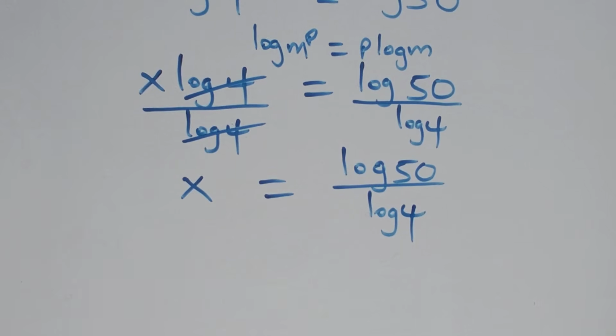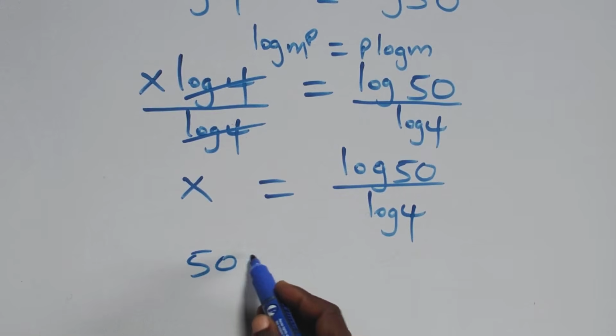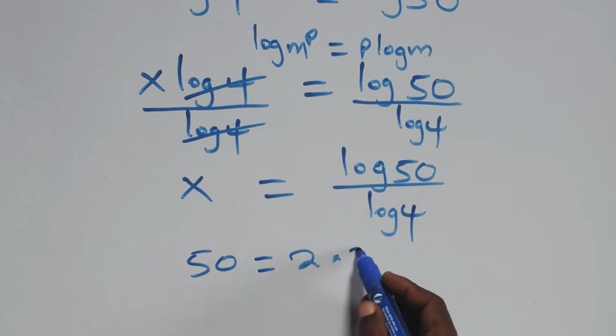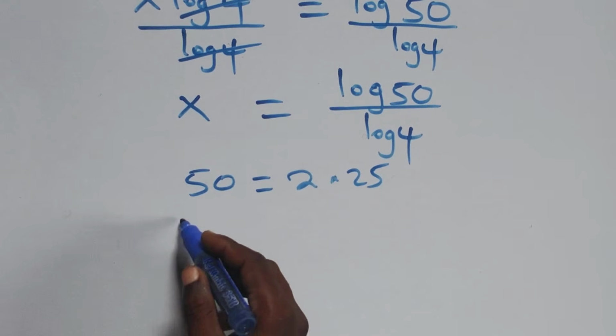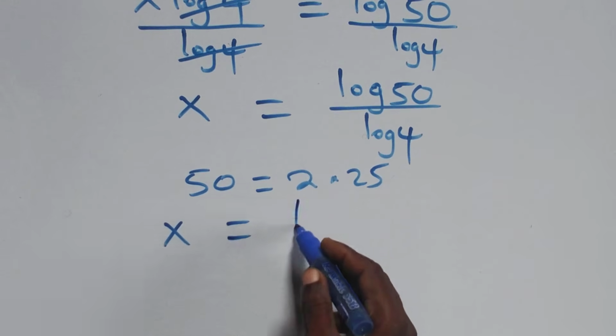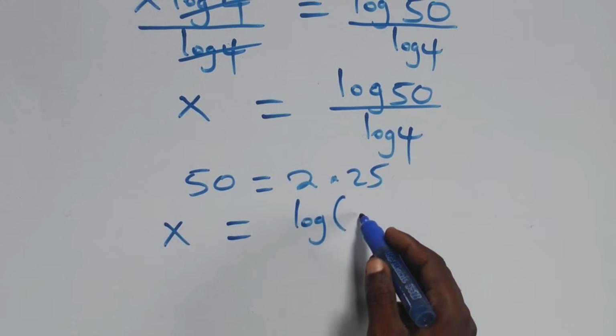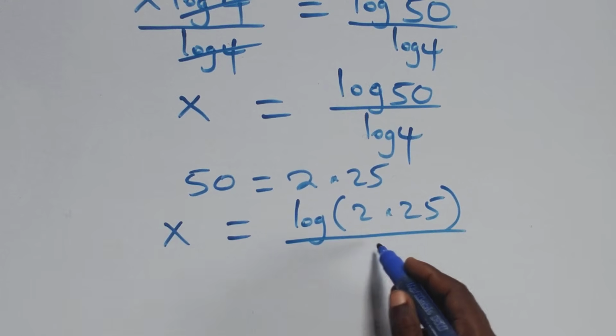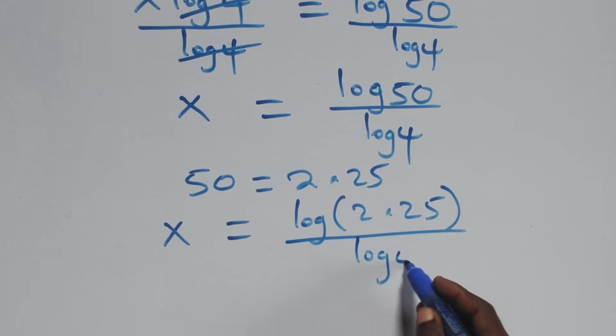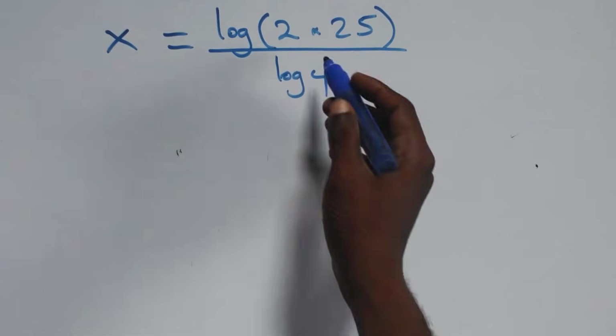So here we can express 50 as 2 times 25. Then here we have x equals log 2 times 25 over log 4. This follows the law of logarithm.